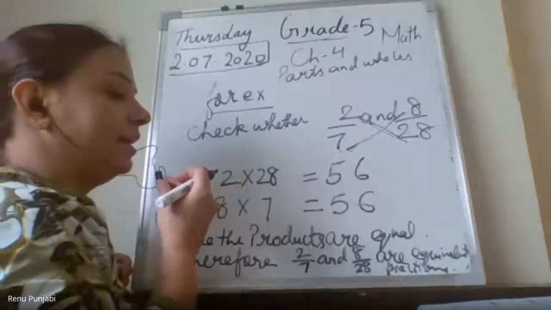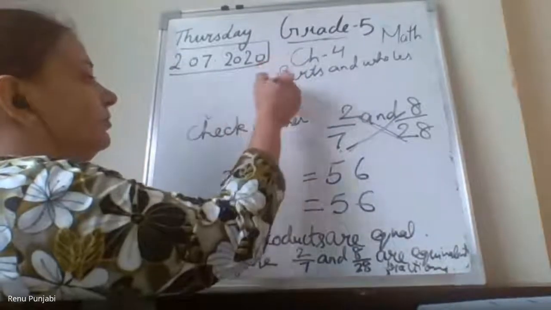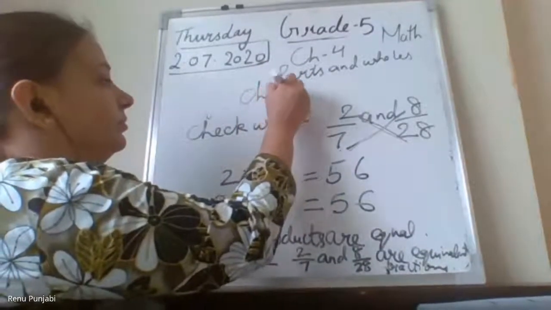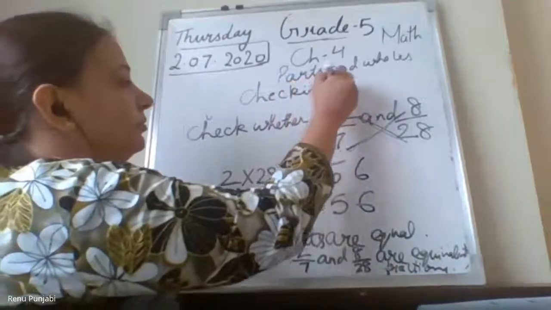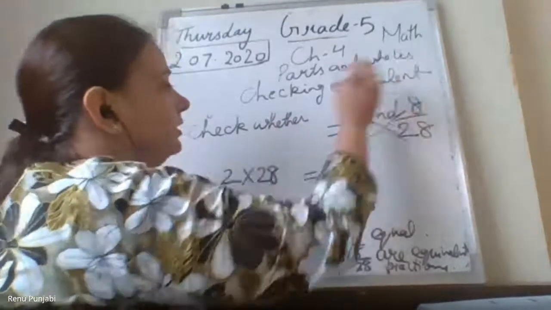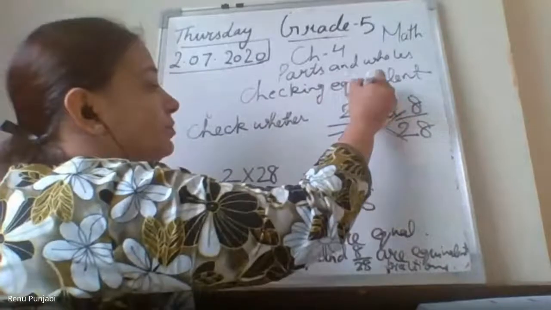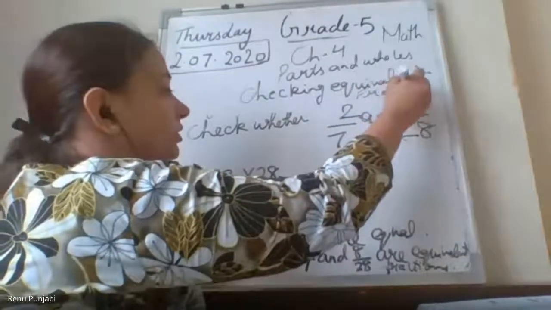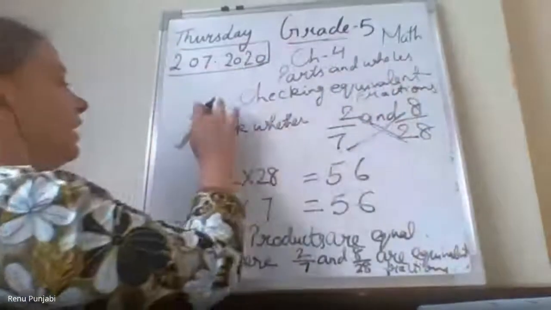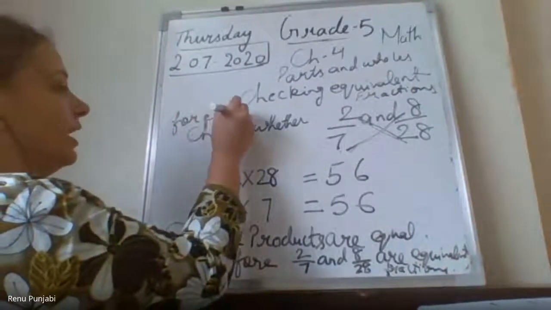Now the heading is checking equivalent fractions. You have to write in one line because I don't have space. And put for example and write this example.